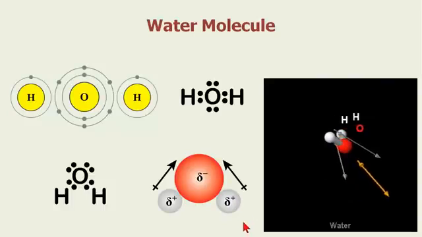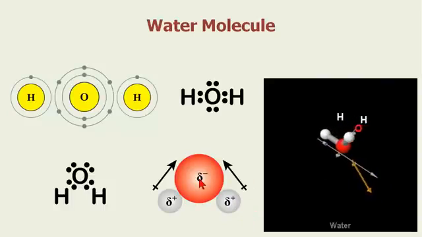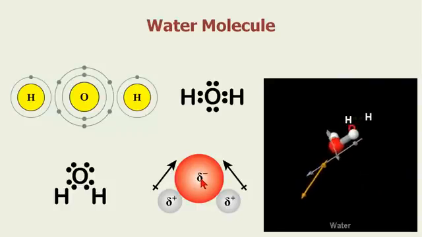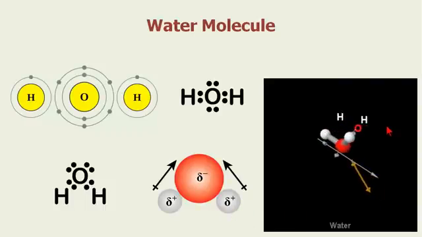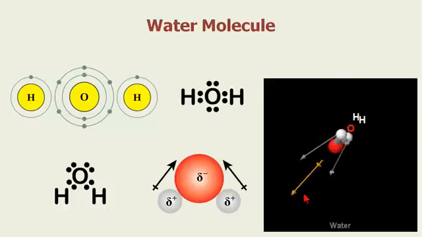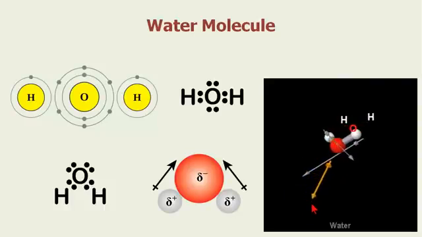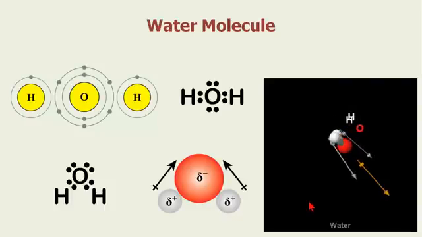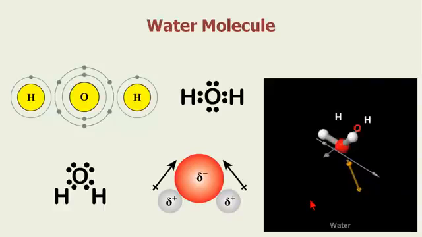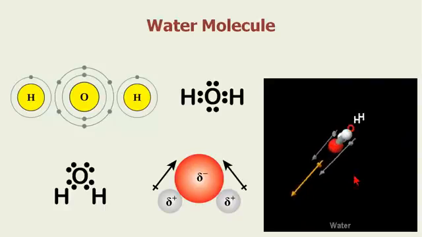So take a look at that, and we see that the oxygen is represented by a negative delta, which means the oxygen is more electronegative than both the hydrogens. And this is the resulting view of it. If you understand each of the components of this rotating water molecule, it'll help you understand how it bonds with other water molecules and why the bonds are how they are.